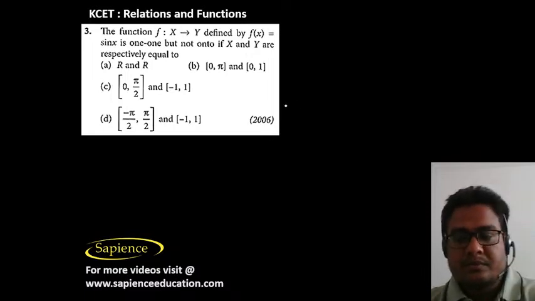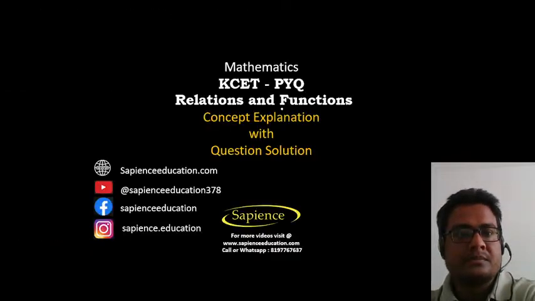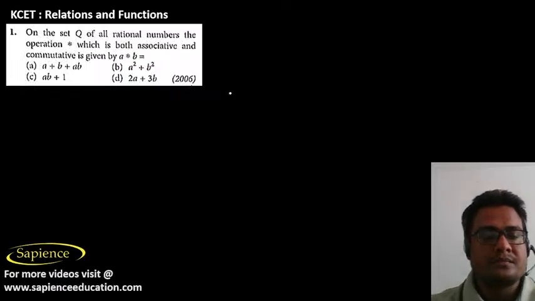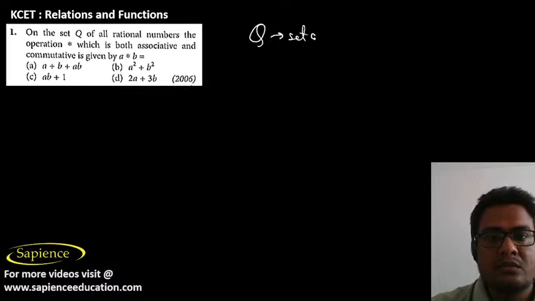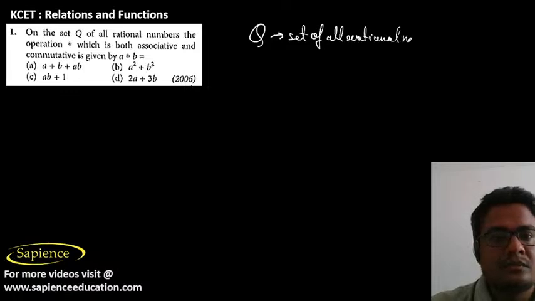So we shall start from the question. Here it is written that on the set Q of all rational numbers, Q is the set of all rational numbers, and the operation star is both associative and commutative.